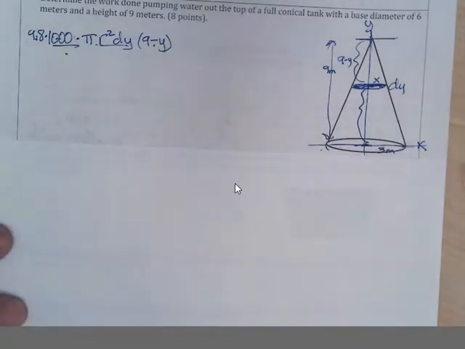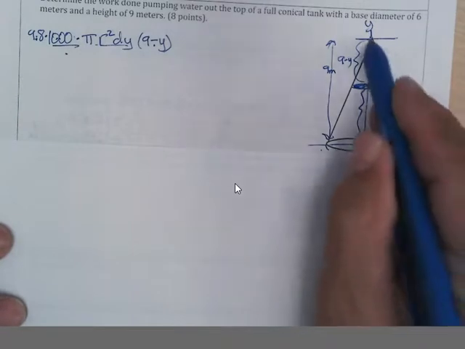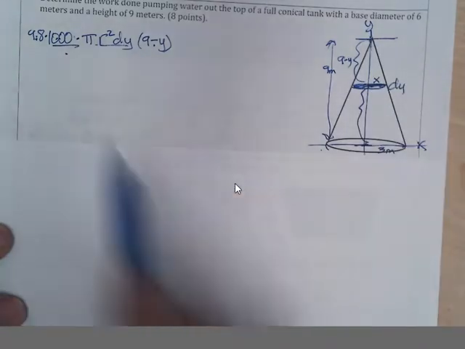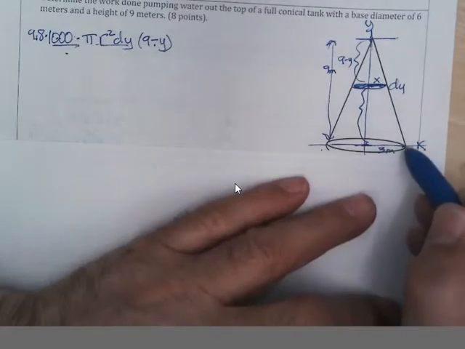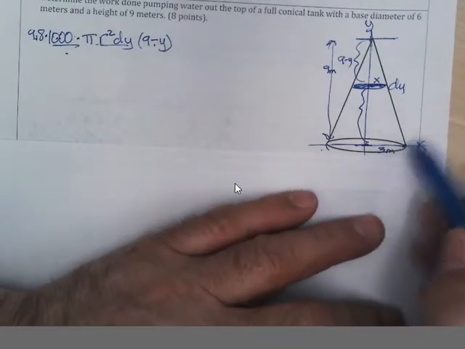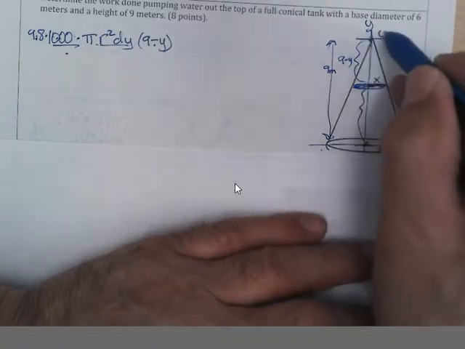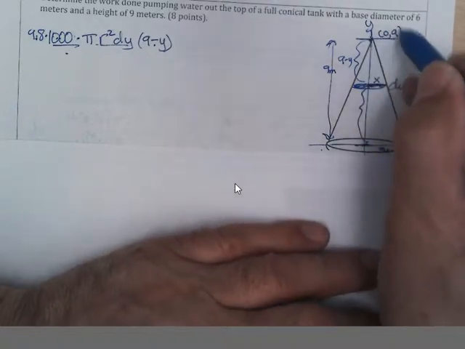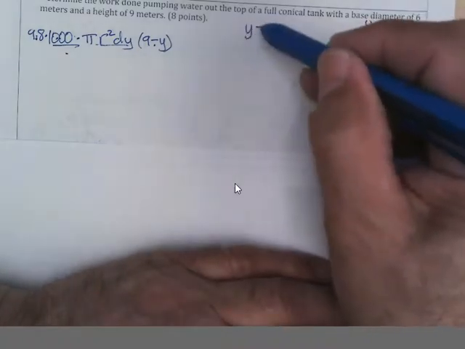So somehow I've got to get an equation for x in terms of y, because I'm doing dy. Well, if I look at this, this point would be 3, 0, 3 in the x, 0 in the y, and this point would be 0, 9. So I could write the equation of the line through those 2 points.